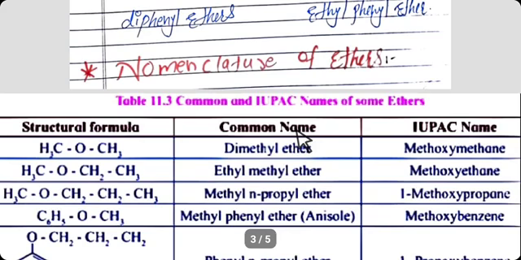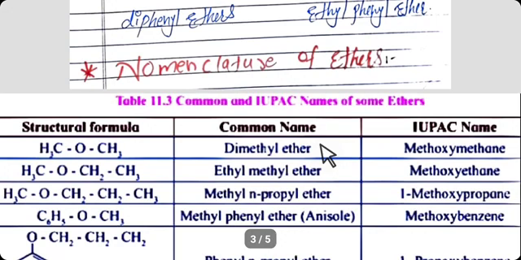For example, see the structural formula CH3OCH3. So dimethyl ether, or diaryl ether. The common name of mixed ether is obtained by writing the names of the alkyl or aryl groups as separate words in alphabetical order, followed by the word ether.